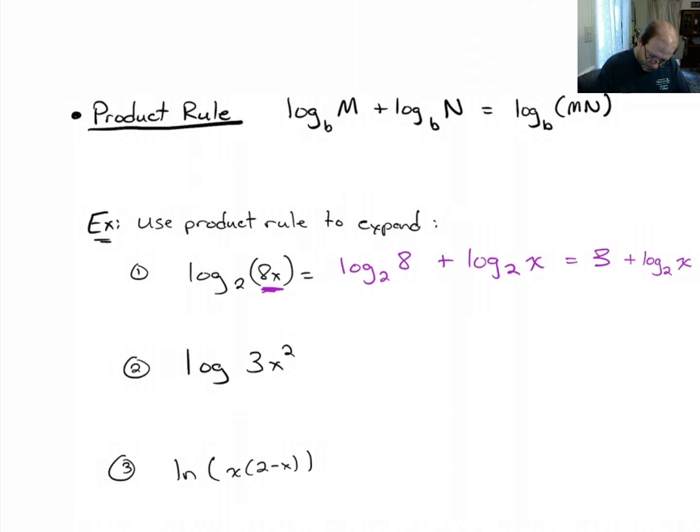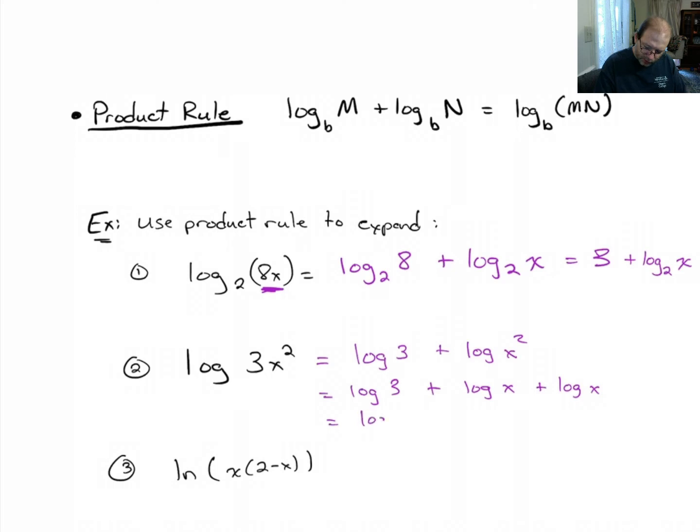All right, this next one, log of 3x squared. You can rewrite this as log of 3 plus log of x squared. And another thing you might notice is if you've got log of x squared, you can break that up as multiplication as well. So we could rewrite this as log of 3 plus log of x plus log of x.